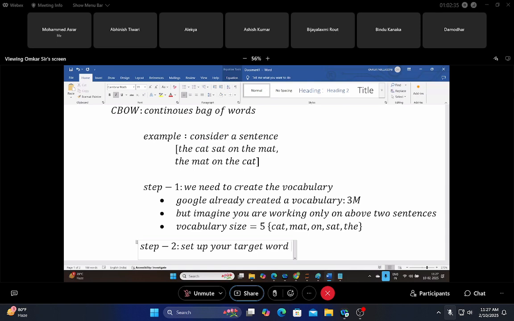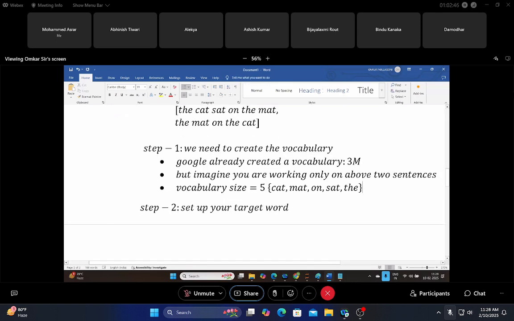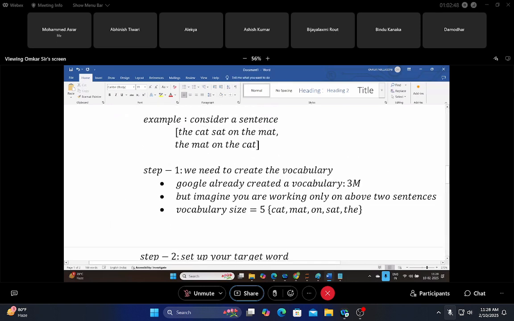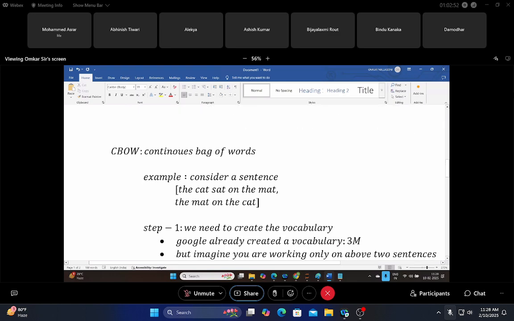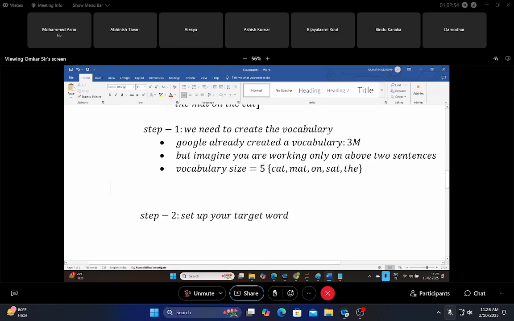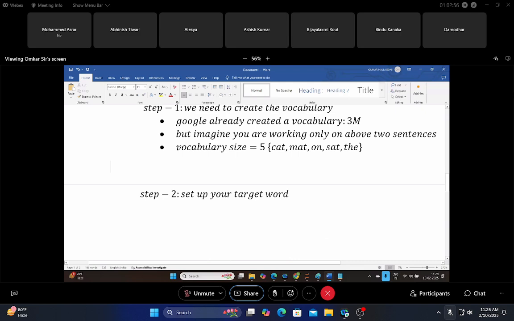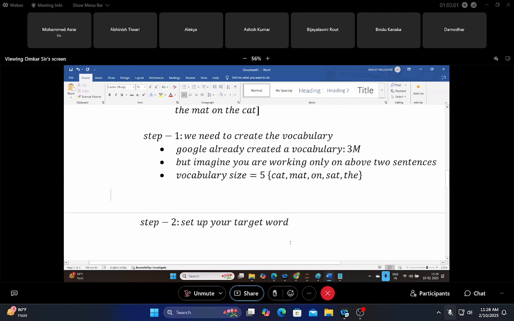For the first sentence, you take from the first word. This is very important. You need to explain exactly like this in the interview. Many people don't know what happens inside the architecture of Word2Vec. Trust me, very few people know how it works. Focus on that. Set up the target word.